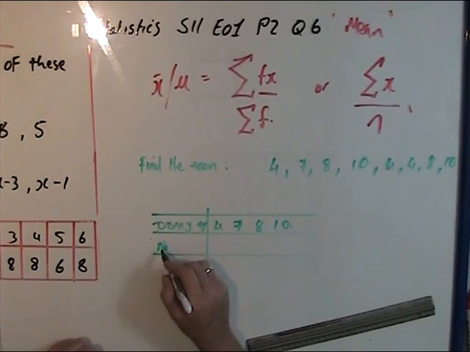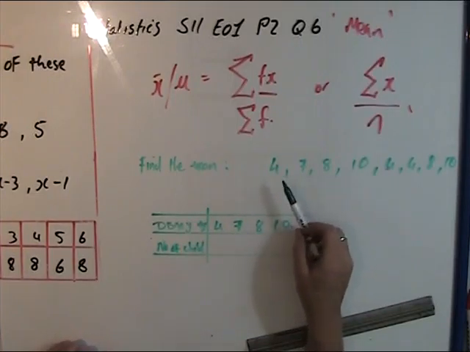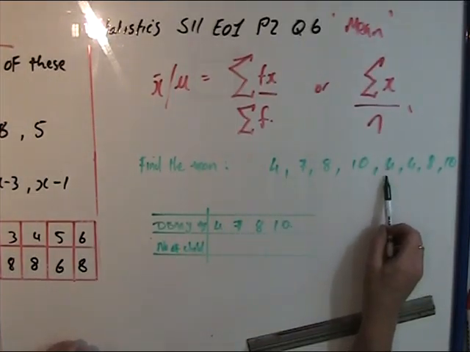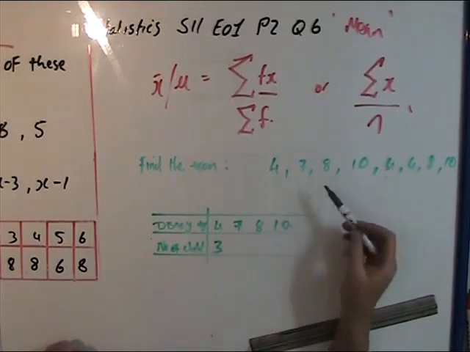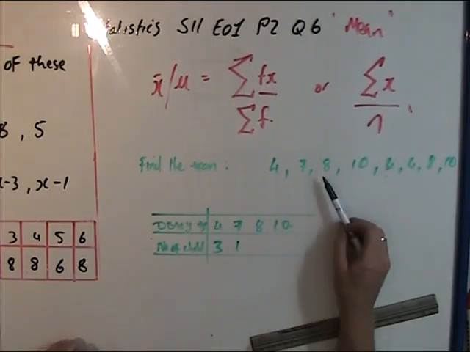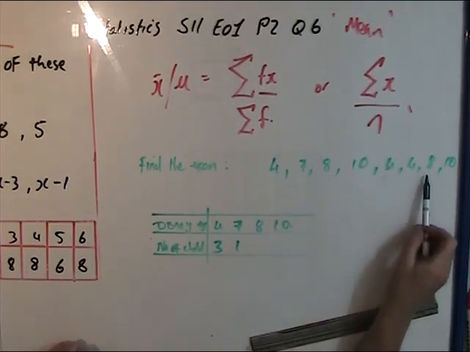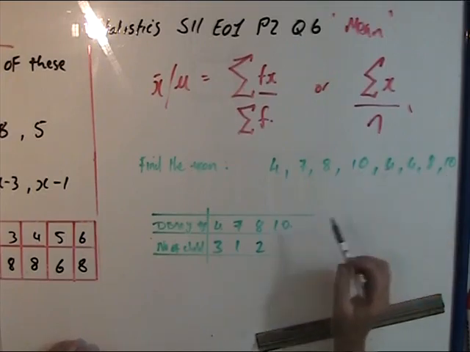So you got 4 three times, so the frequency is 3. You got 7, and you don't have any more than 7, so that's 1. You got 8 twice, and you got 10 twice.